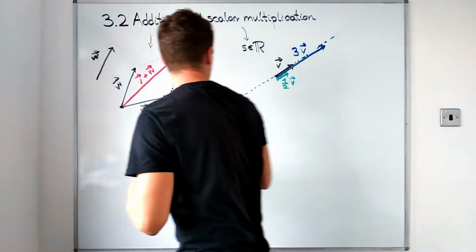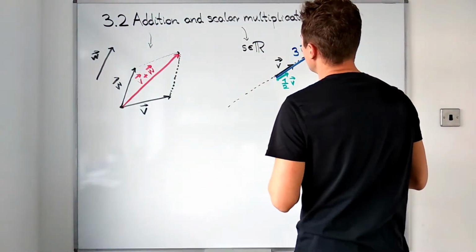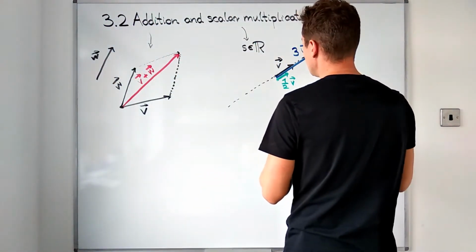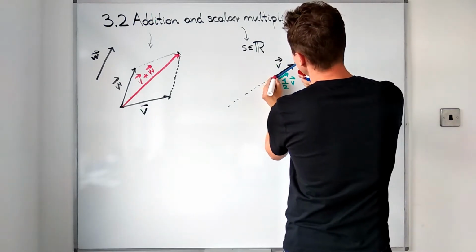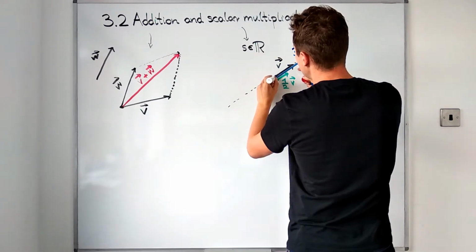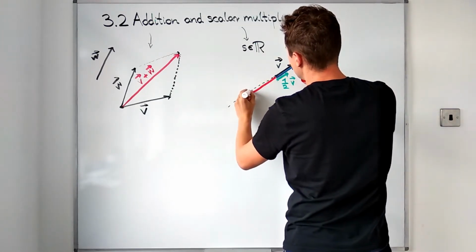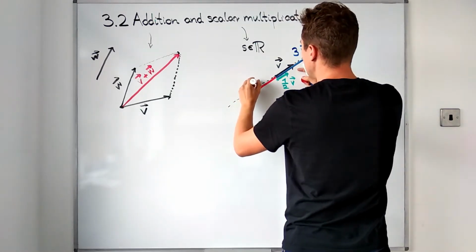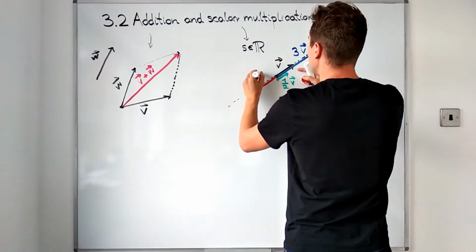Finally, if I multiply this vector v by -2, then it would be flipped over to point in the opposite direction, and it would be twice as long. So this would be -2 times v.